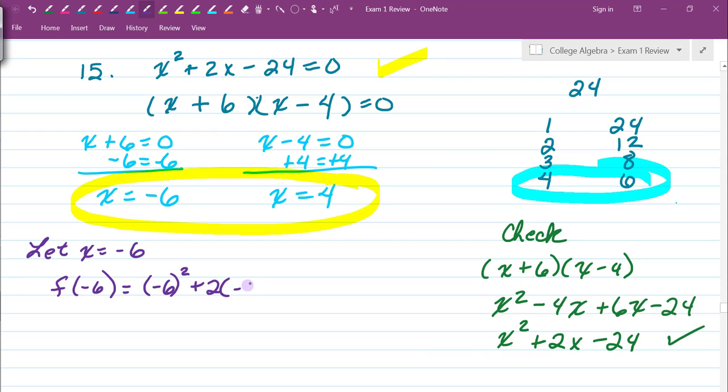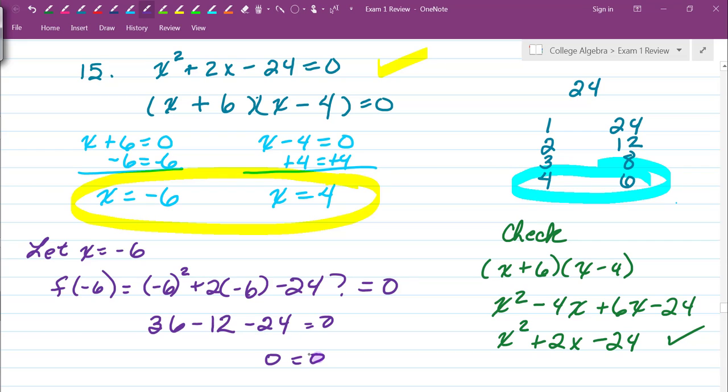And the question is, does that equal 0? 6 times 6 is 36. 2 times negative 6 is negative 12, minus 24. Sure enough, this equals 0, so we have 0 equals 0. So we know that x equals negative 6 satisfies the equation x squared plus 2x minus 24 equals 0.